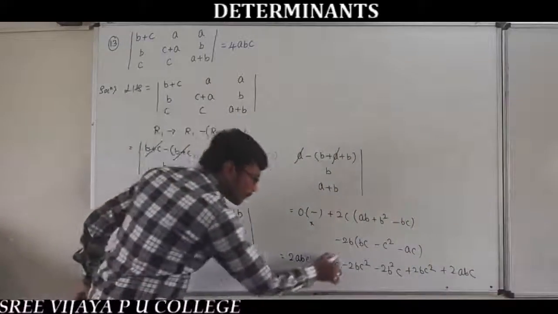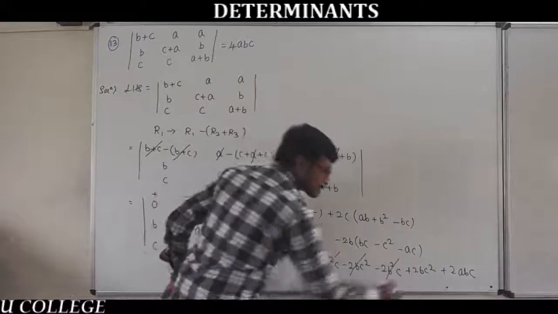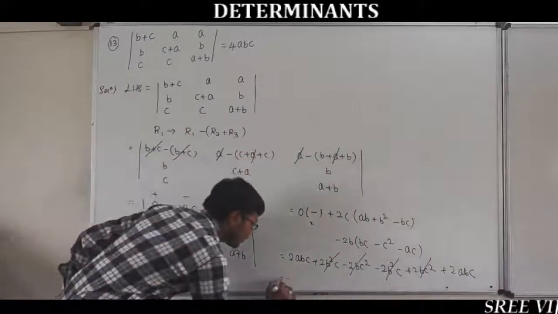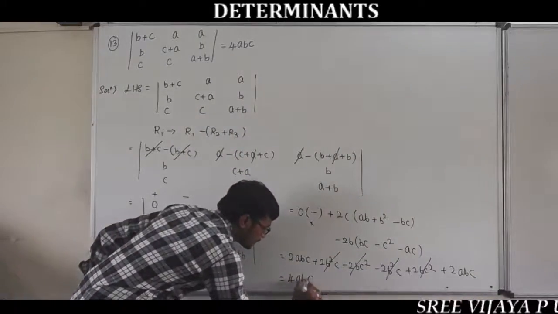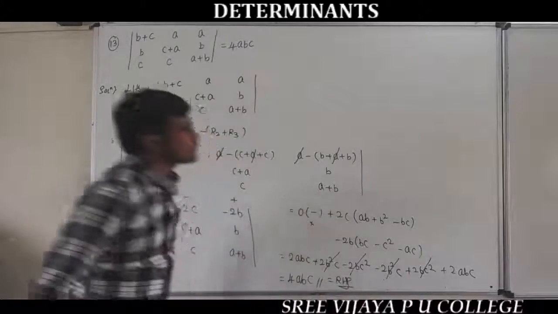So now plus 2B square C minus 2B square C, minus 2BC square plus 2BC square cancel. 2ABC plus 2ABC, how much? It becomes 4 times ABC. So that should be the RHS.